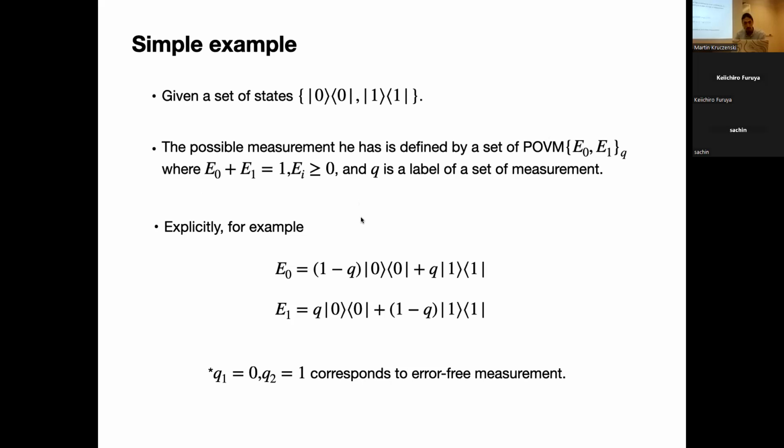They are positive, and now, an example for this POVM, one of the measurements that he can do is this. So E0 is this, E1 is this. When q equals 0, this is the case when there is no error.